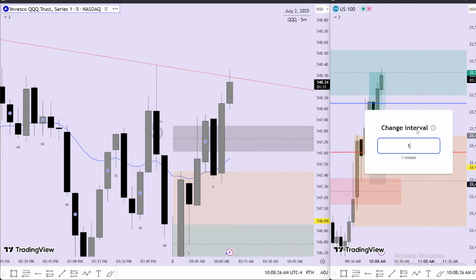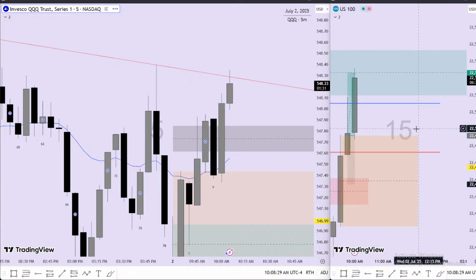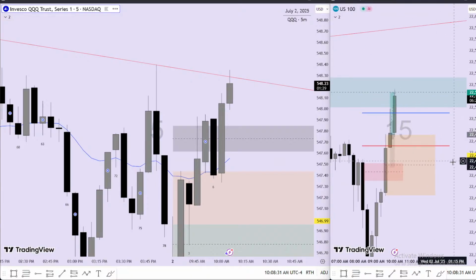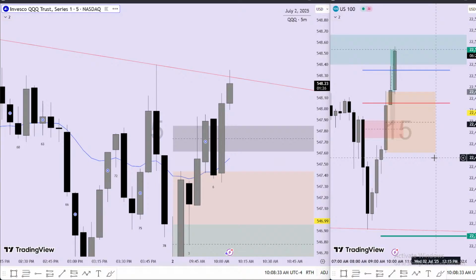That's a good follow through. First, like second.